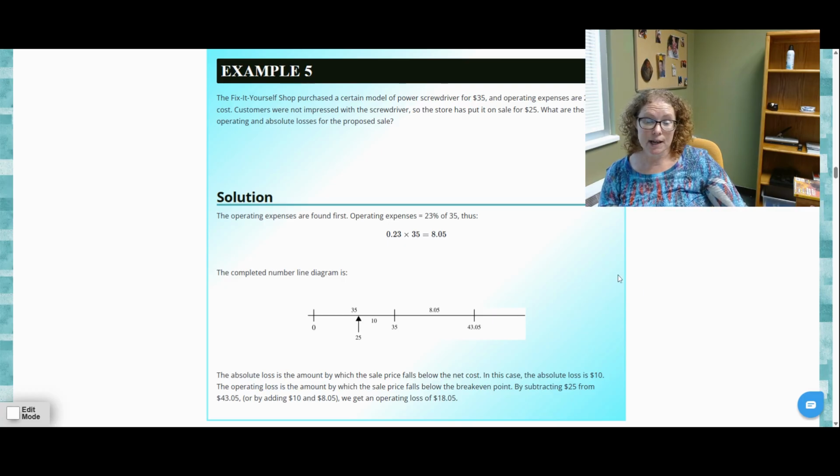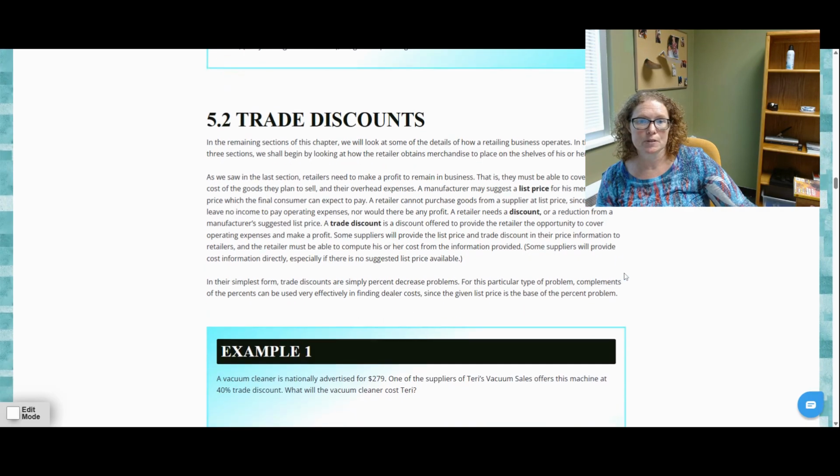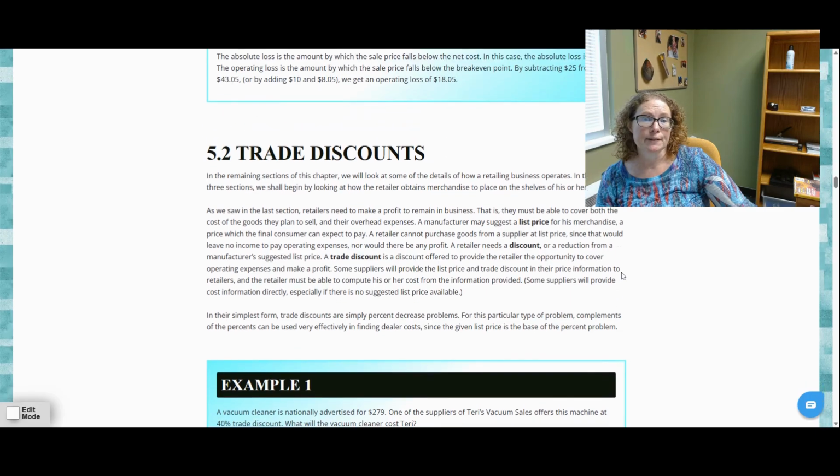So if we add those two together, we get $18.05. The absolute loss is 10, and the operating loss, which is the total amount, is $18.05, because the 10, remember, is part of the total $18.05 in that case. So there we have losses.